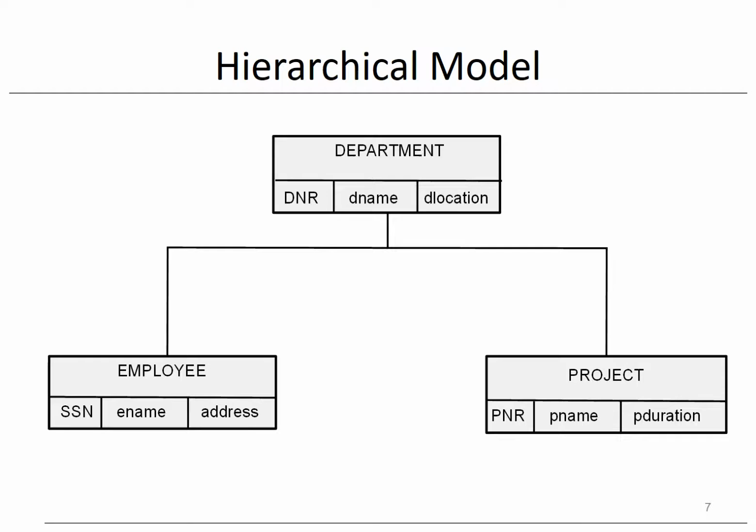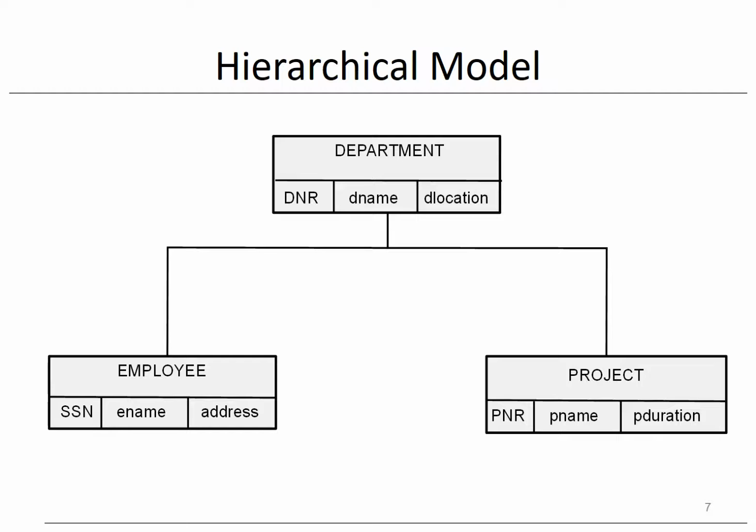This figure shows an example of a simple hierarchical model. We have three record types: department, employee, and project. The department record type has three data fields: department number, department name, and department location. The department record type participates in two parent-child relationship types.